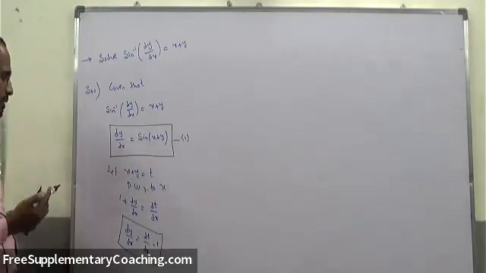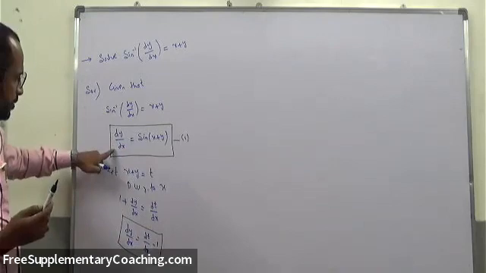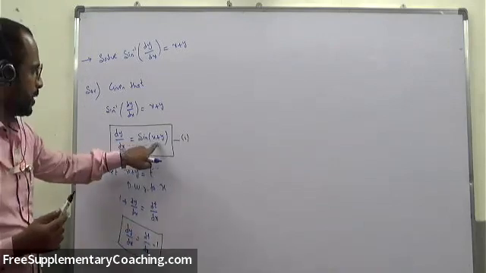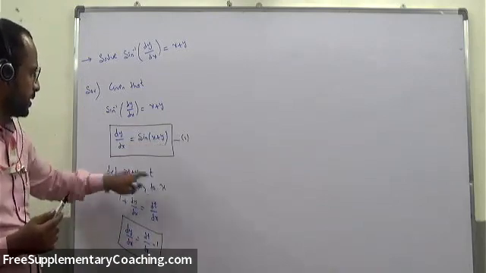Now from equation 1, instead of writing dy by dx, I can write dt by dx minus 1, and in place of x plus y, I can write t.